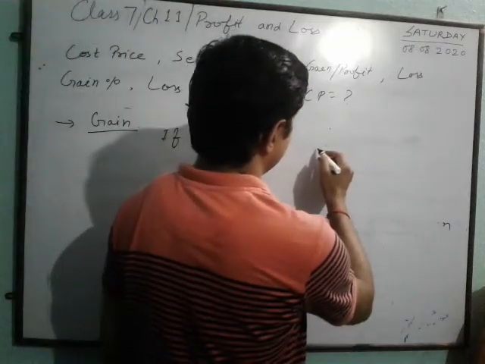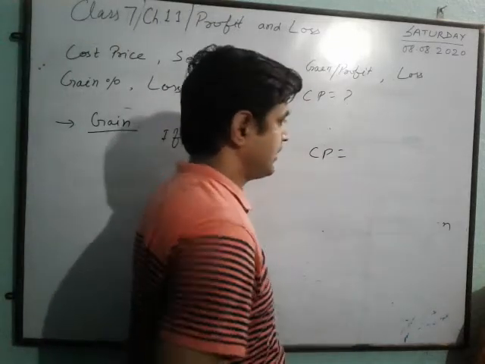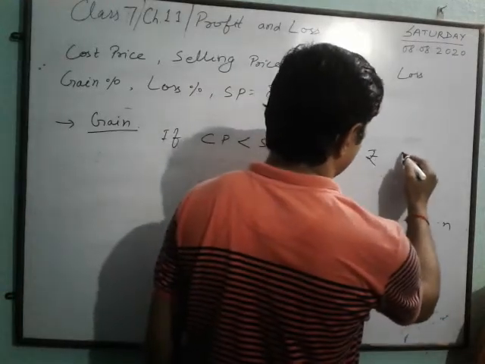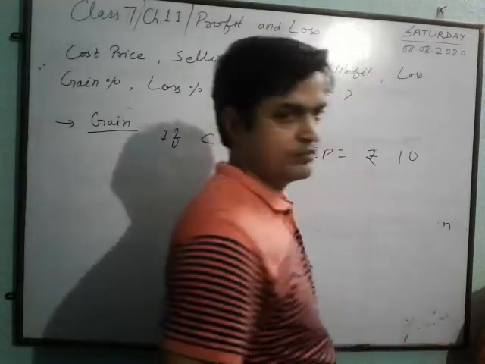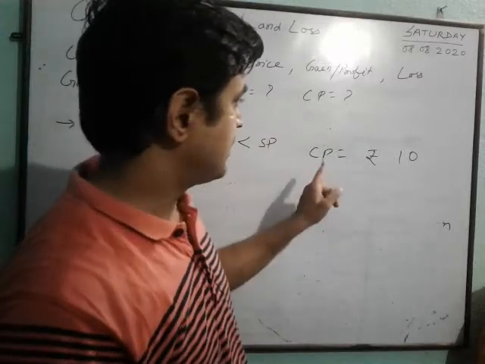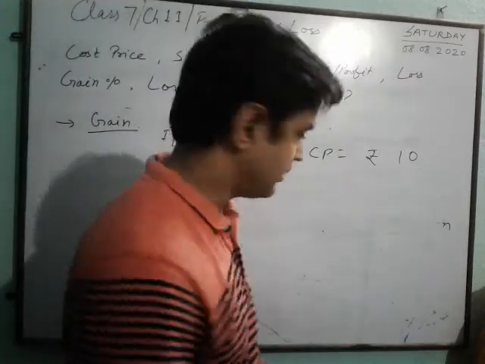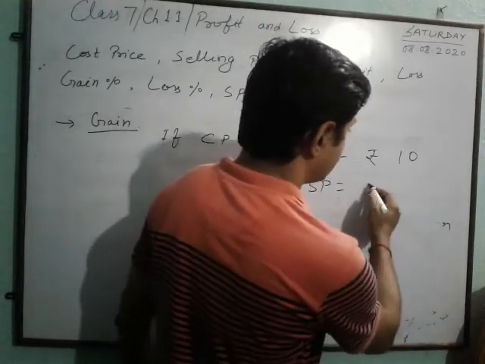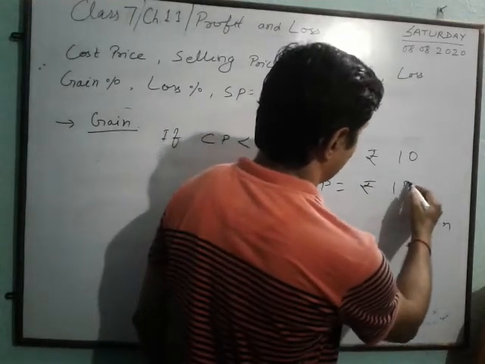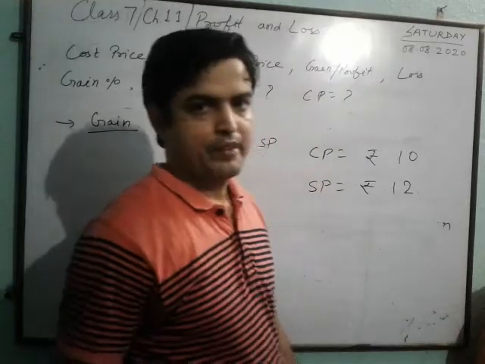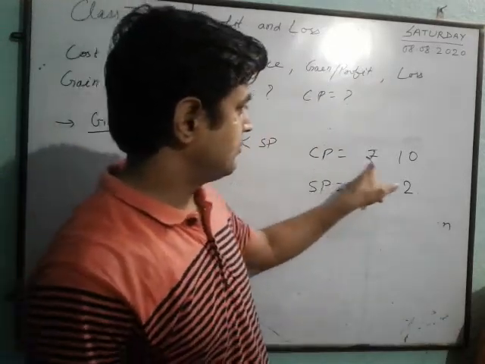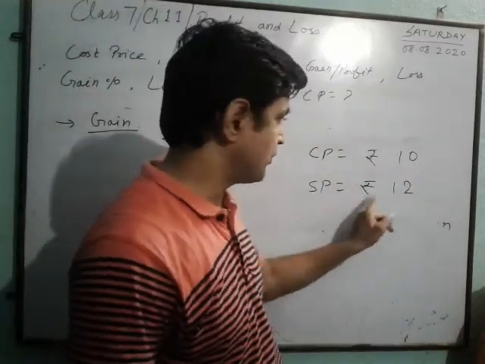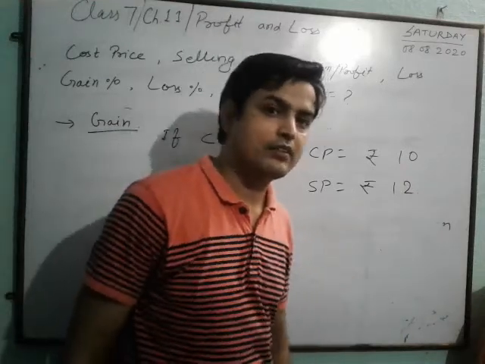Say CP of an article is rupees 10. Hence we purchased an article for rupees 10. Now we sold it for rupees 12. What do you think?